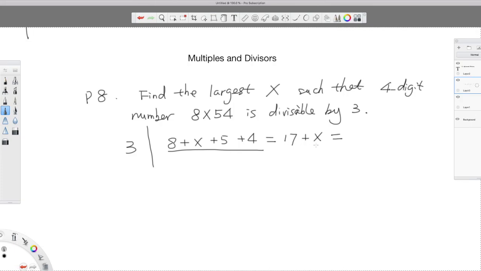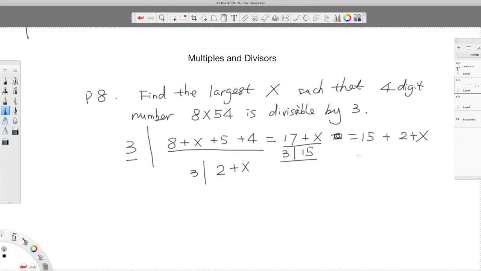And you can take out all the multiples of 3 there, so this equals 15 plus 2 plus x, because 15 is a multiple of 3.